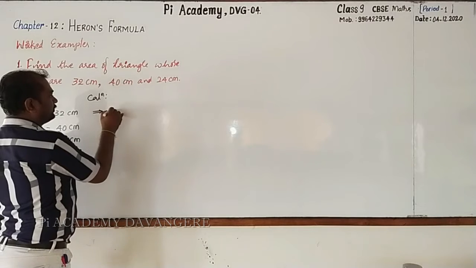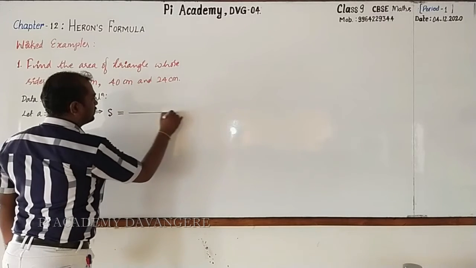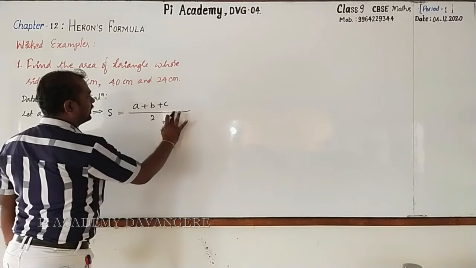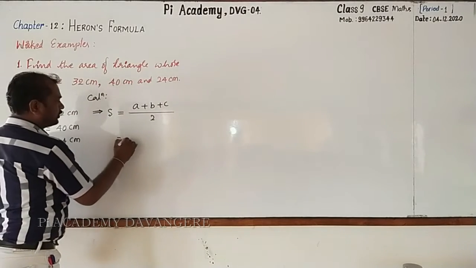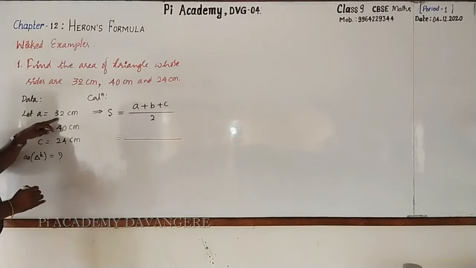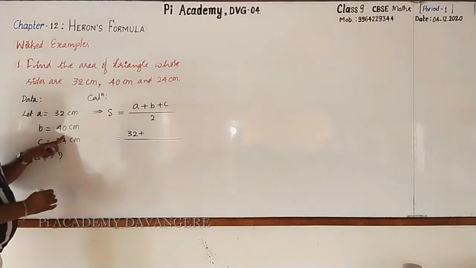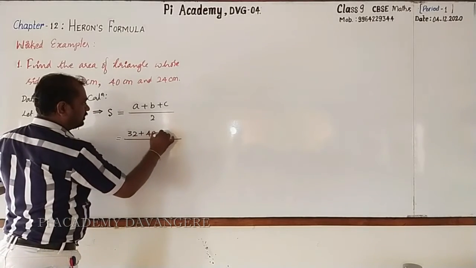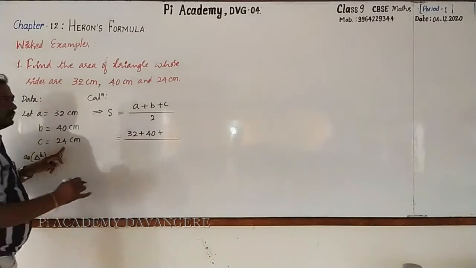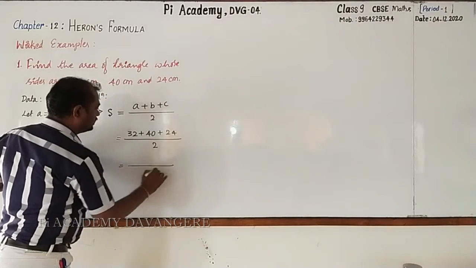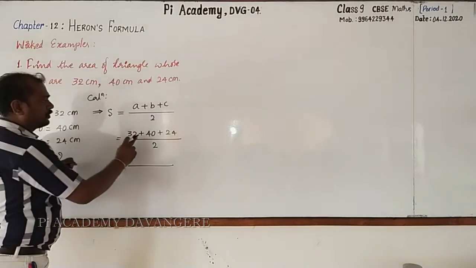I'll give you time. Here semi-perimeter S equal to A plus B plus C by 2. It's equal to, what is A? It is 32 centimeter plus B is 40 centimeter and C, this is 24 centimeter divided by 2. That is equal to, just go for adding them.